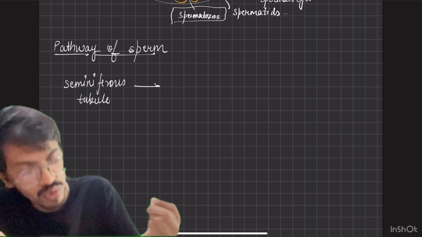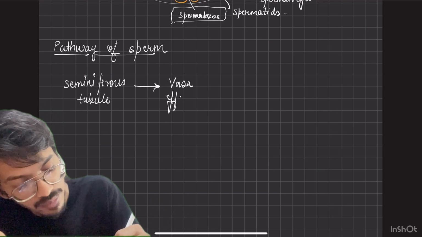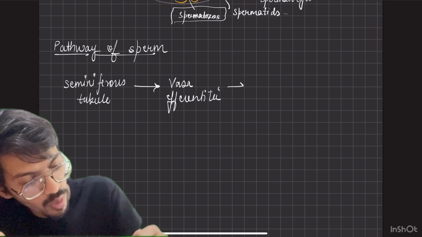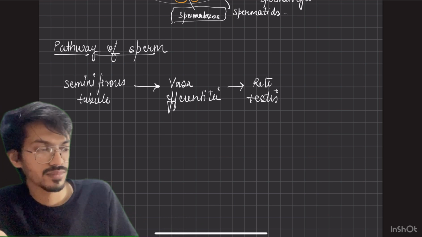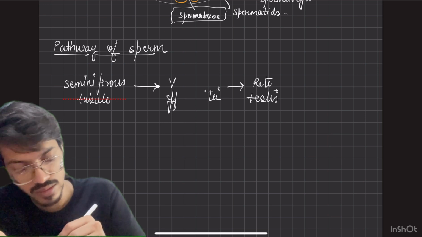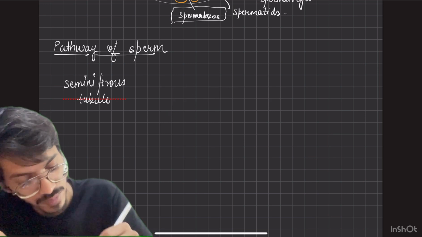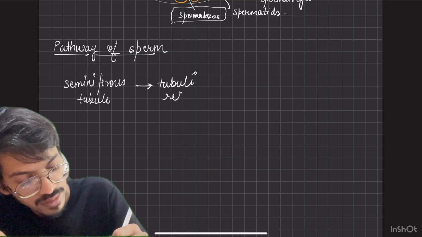From the seminiferous tubule, it will be released into the vasa efferentia, which is also present in the testes. No, sorry, back. This is the tubuli recti, not this. The seminiferous tubule will release into the tubuli recti.